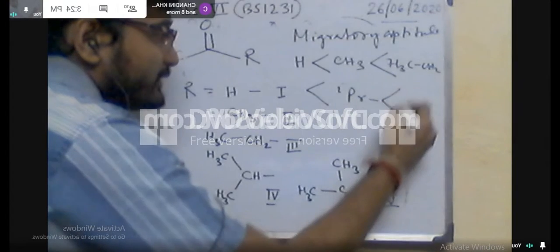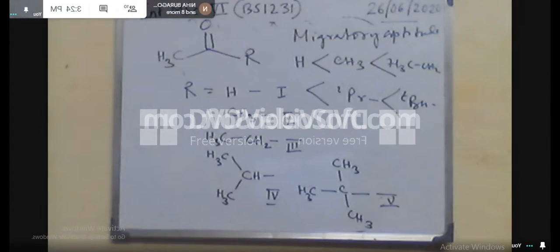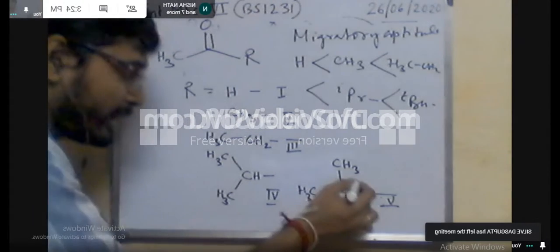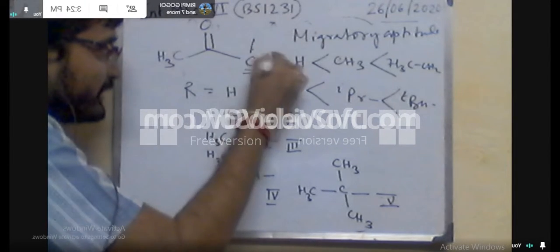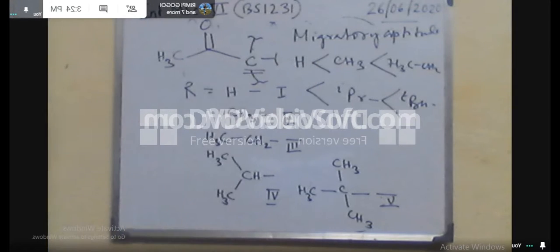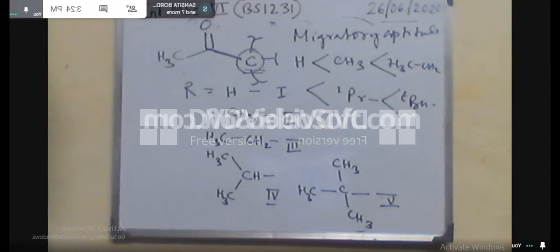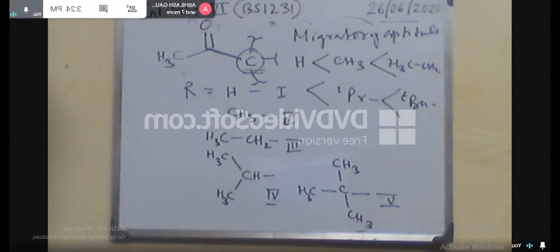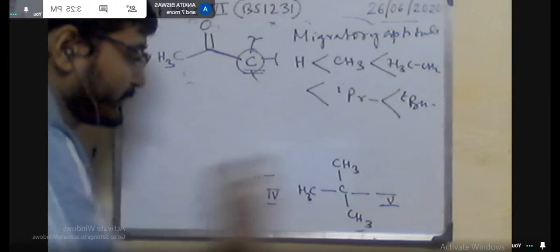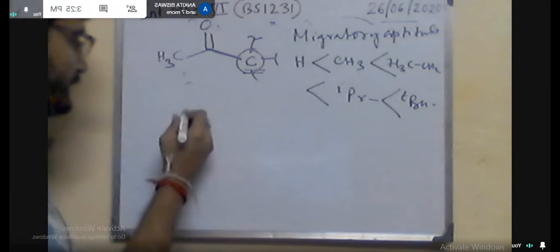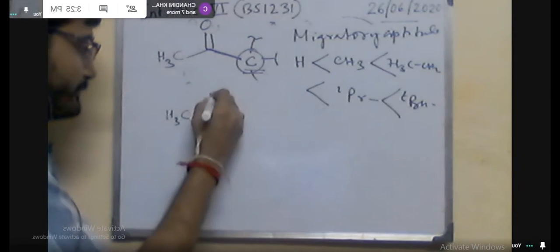If this carbon is more substituted, then that carbon will be migrated, that means this bond will be broken. So as a specific example, if this is the acetaldehyde, like this one, say CH3 CHO, and another example is the CH3, C double bond, CH3, CH3, H, isopropyl group.